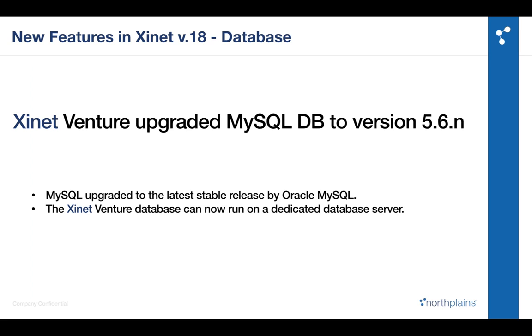And this is key as systems get larger and larger. And those of you that have the larger Xinet instances with terabytes of file system data and almost equally large databases, this is definitely a scale improvement for you, and we're very excited about this ability.